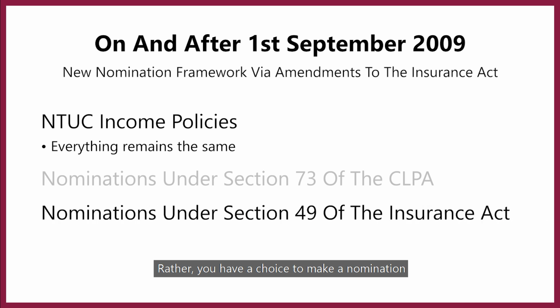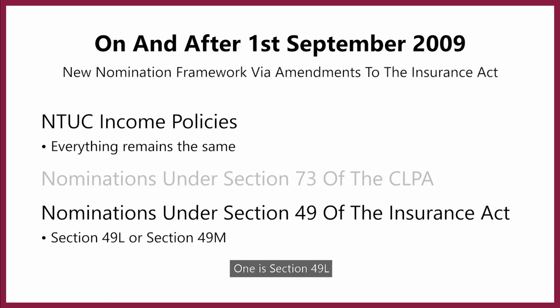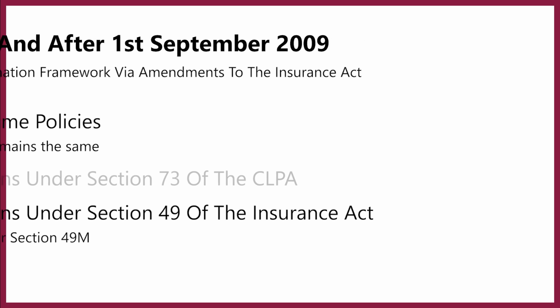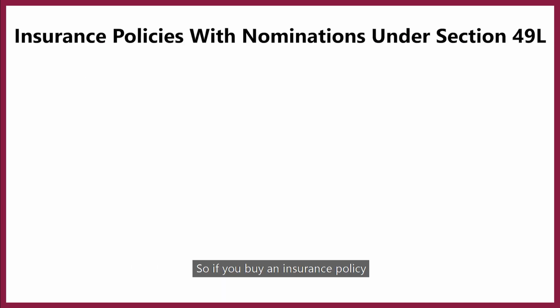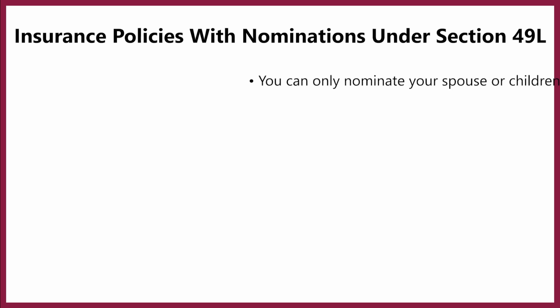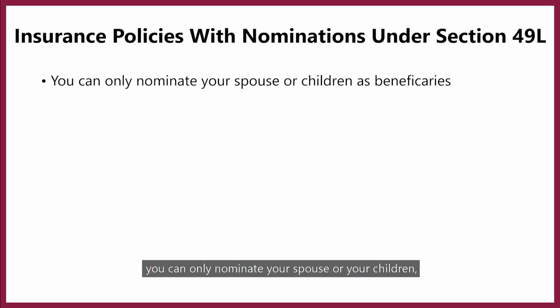Rather, you have a choice to make a nomination under Section 49 of the Insurance Act. One is Section 49L and the other is Section 49M. So if you buy an insurance policy that is not from NTUC Income, and you choose to nominate a beneficiary under Section 49L, you can only nominate your spouse or your children, very much like the old Section 73.